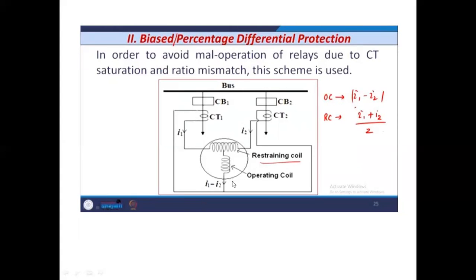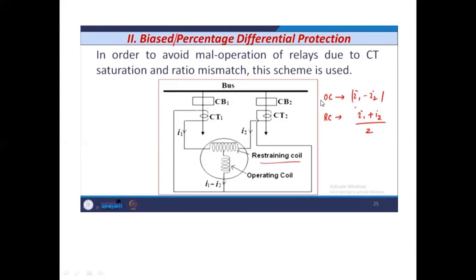We have discussed this in our transformer protection scheme as well. This is the mechanism to avoid mal-operation of the relay, and it is called the bias differential protection scheme.